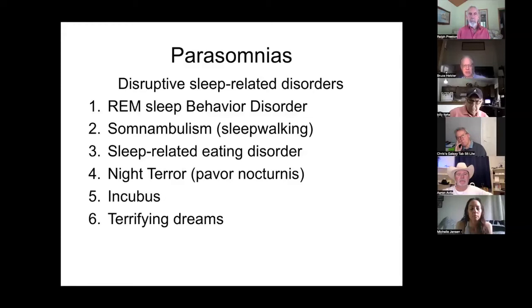And then there's a terrifying dream that occurs during REM sleep, and it's basically a dream that frightens you. Like you're being chased or attacked. And actually, being chased or attacked is the most common dream theme in college students.